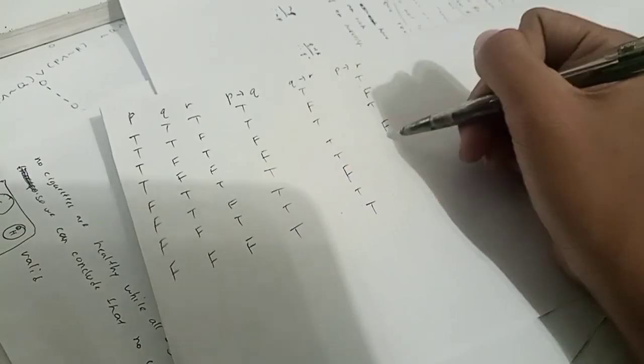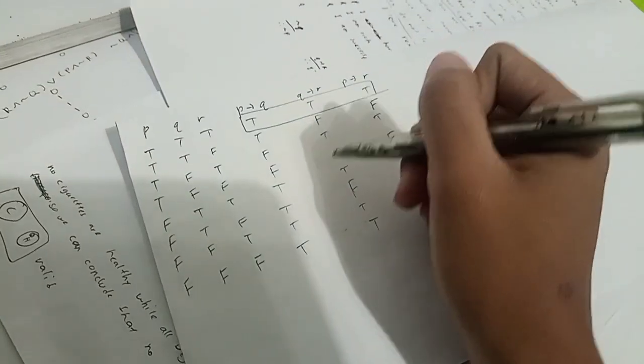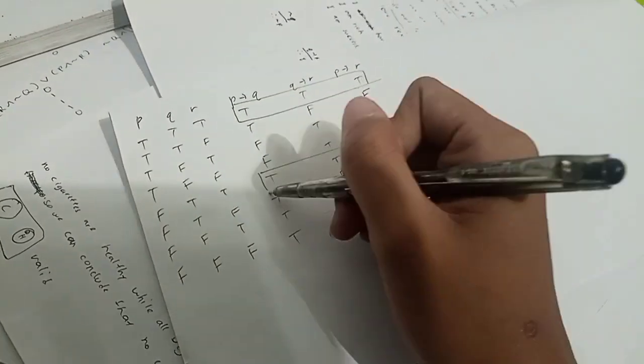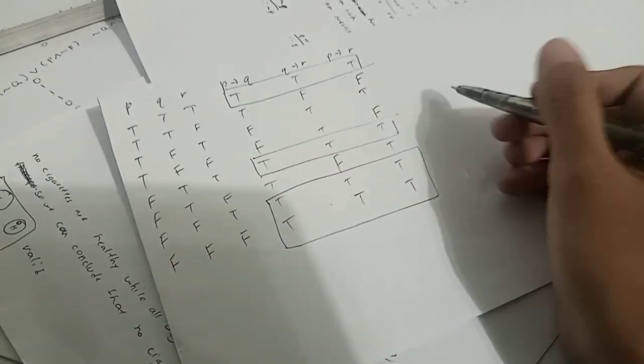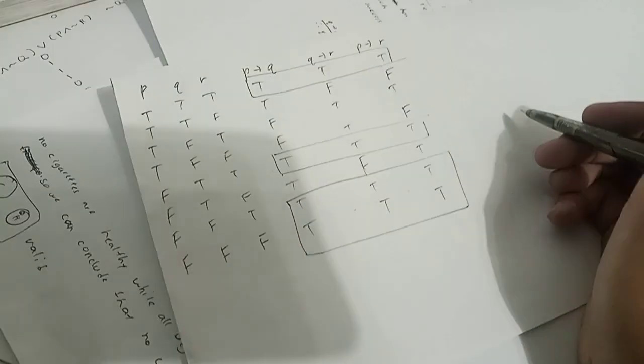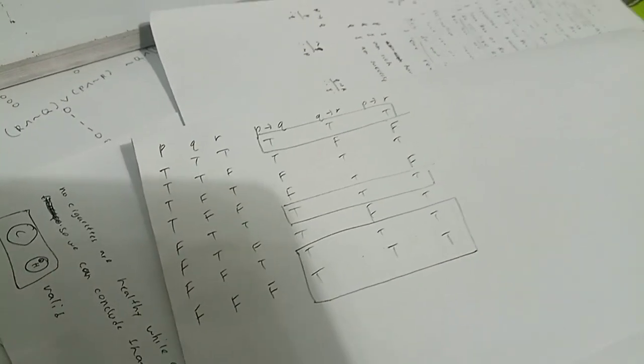Otherwise, it is true. We can observe that if the first and second statements are true, then the conclusion should be true. So there is nothing wrong with it. Therefore, we can conclude that the statement is valid.